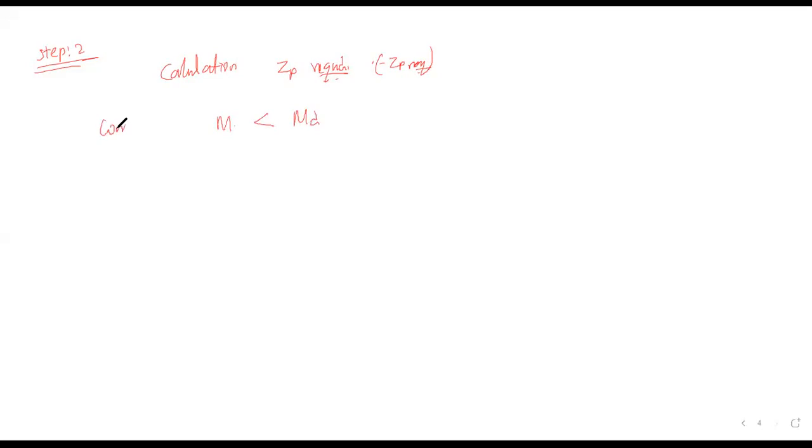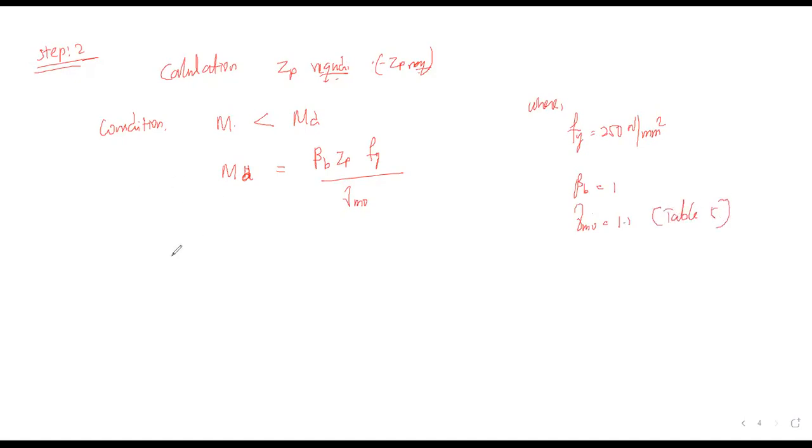This is after selecting the section. MD has the formula beta B into ZP into Fy by gamma M naught, where Fy is equal to 250 Newton per mm square, beta B is equal to 1 for plastic section, and gamma M naught is equal to 1.1 from table 5.